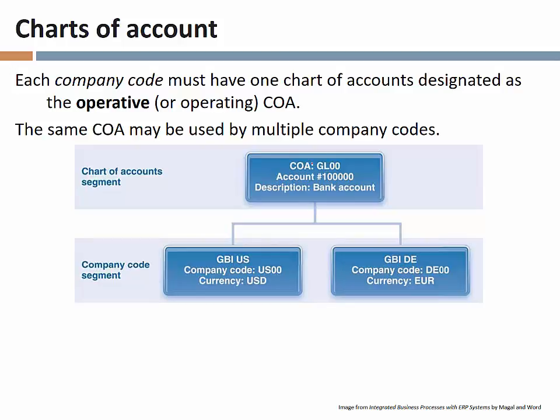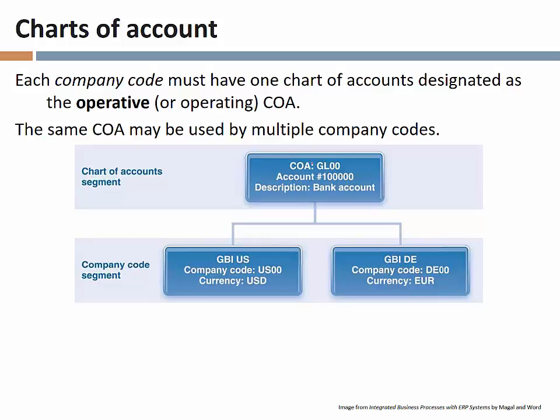Now, what is very important to understand is, and I'm going to draw a picture that's slightly different than what's on the projector here, but fundamentally the same idea. We could actually have chart of accounts GL00. And whereas you copied yours and gave it different numbers, we could have company code 1, company code 2, and company code 3 that all use that exact same chart of accounts.